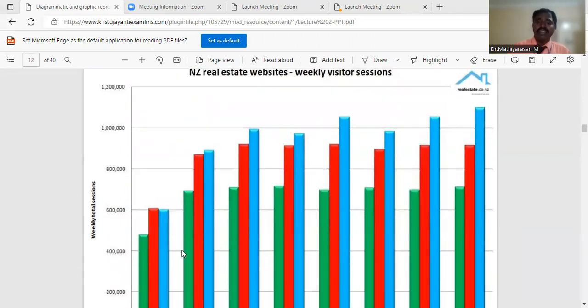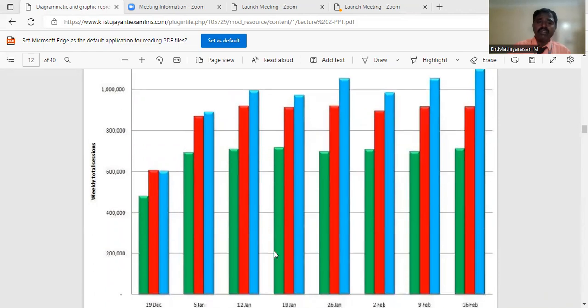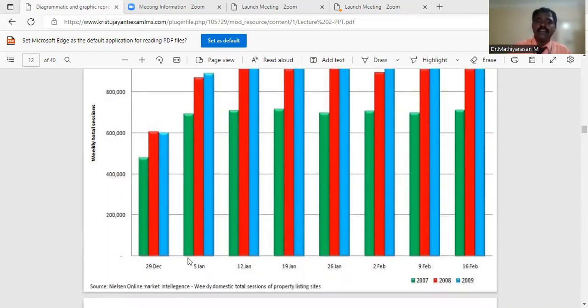See here, there are many variables, that is 3 variables, with the help of 3 different bars with different colors used to represent the data. That is known as multiple bar diagram. Here they have given the weekly domestic total sessions of property listing sites for years. The green color represents 2007, red color represents 2008 and blue color represents 2009.